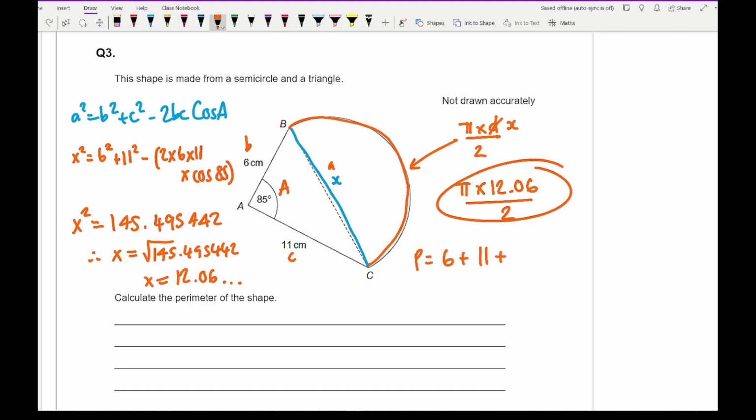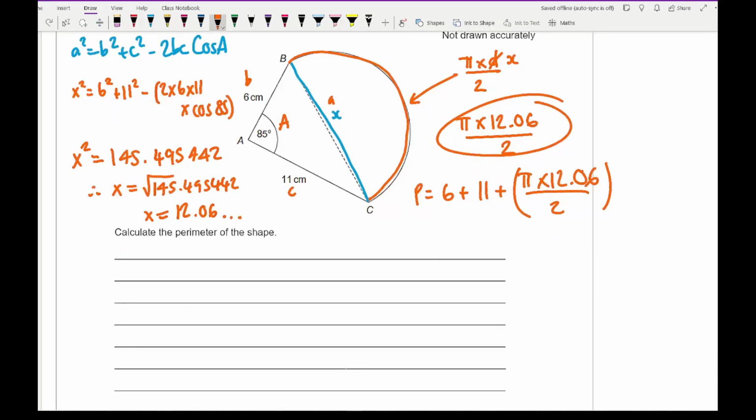Typing that all into my calculator, I get an answer of 35.9438, which rounded gives me 35.9, and it's going to be in centimetres, and that's to 1 decimal place.